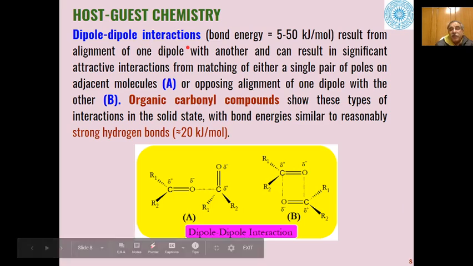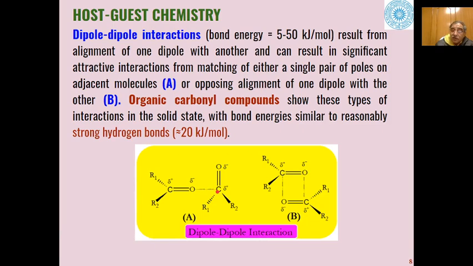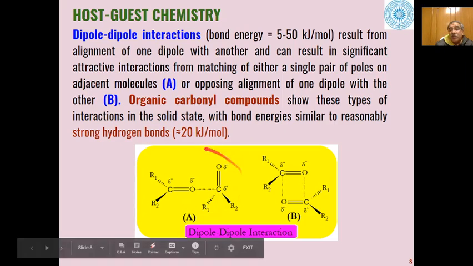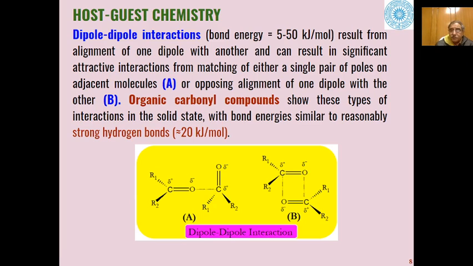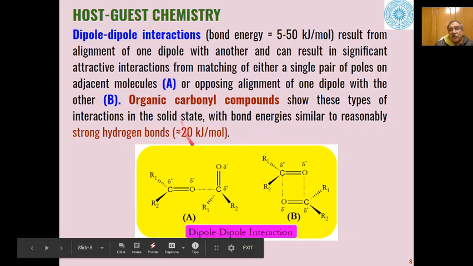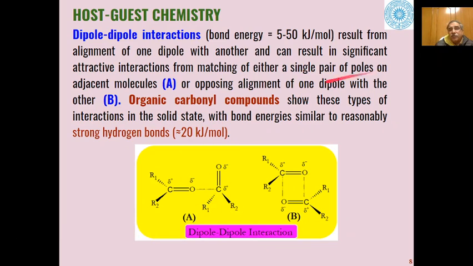Then dipole-dipole interaction, as I have told you, that when negatively charged oxygen of one carbonyl compound will have an interaction with positively charged carbon, then such type of interactions, they are called as dipole-dipole interactions. And these interactions can occur in these two ways. Either a single pair of poles on the adjacent molecules, they can interact.